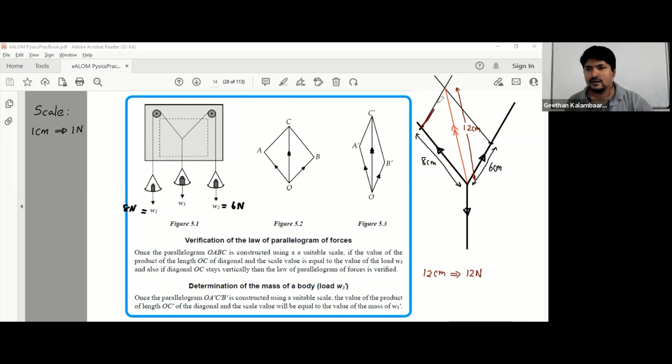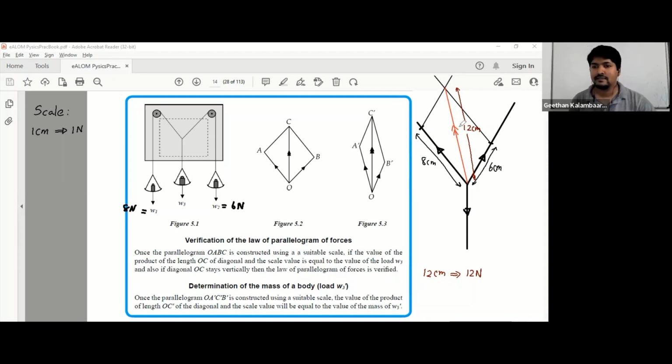Then you complete the parallelogram according to the scale. 8 newtons is 8 centimeters; that depends on the scale that you take. And then you draw the diagonal. The diagonal must be vertical. If it is not vertical, it shows that we have made some mistake.